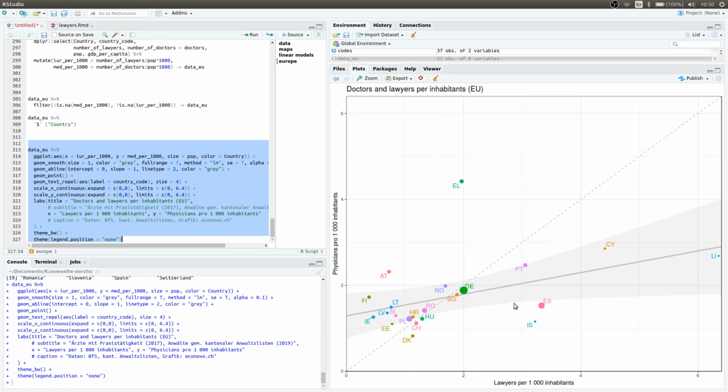At another extreme, LI is Liechtenstein, the tiny country next to Switzerland, with a lot of lawyers relative to the population. I believe population is just 35,000 inhabitants. Cyprus also strong in the number of lawyers, and others that are more on the left of the scales: Denmark, Hungary, and Poland, for example.